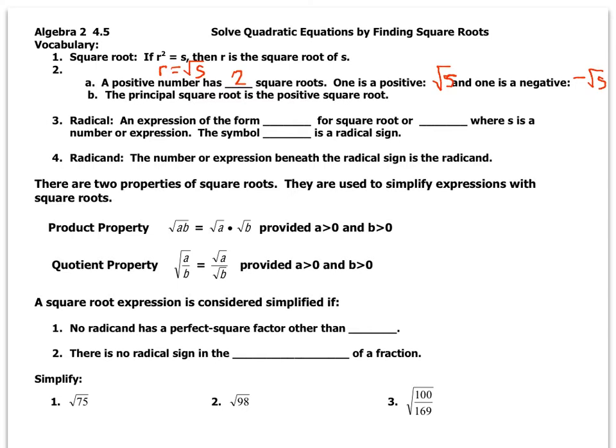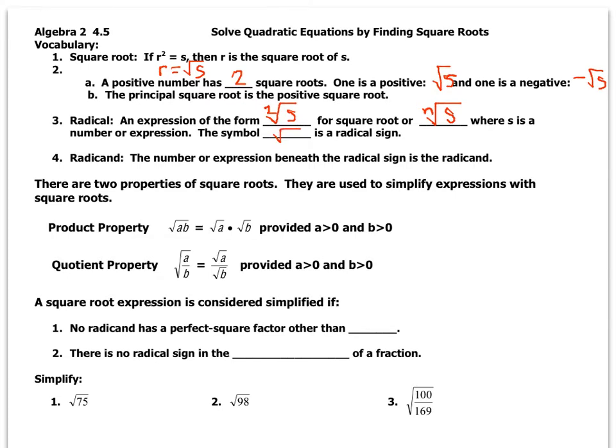So a radical is an expression of this form. We're going to have really a 2 here. That would represent the square root of s. Or we could sometimes put other numbers, so I'm going to write an n. And for this, s is a number or expression, and then the symbol, that's our radical sign.